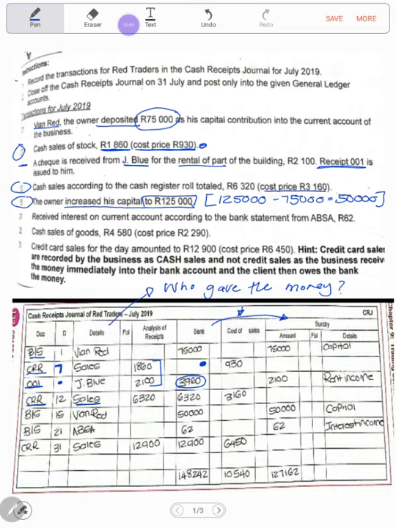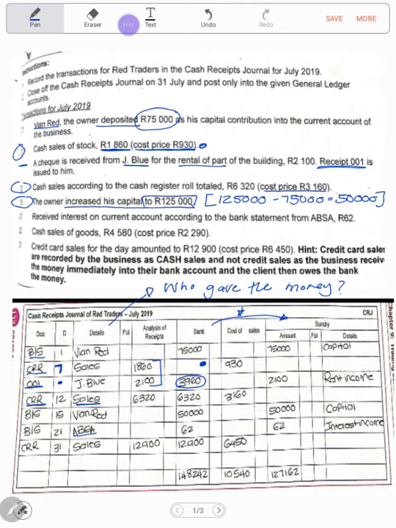When did it take place? On the 21st. Who paid us? Absa paid us. And again, the bank account was directly affected. There was no need to fill out any documents, and it will affect the bank immediately. 62 Rand. No column for interest income, so I take it to the sundry account. I write 62 Rand and I write what it was for, interest income.